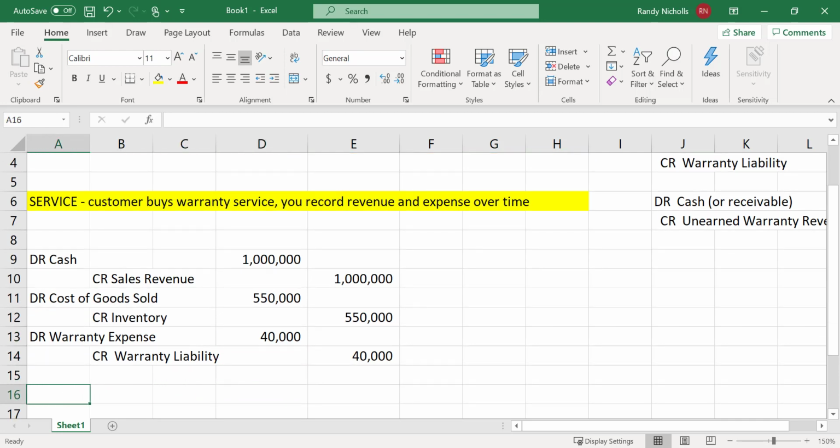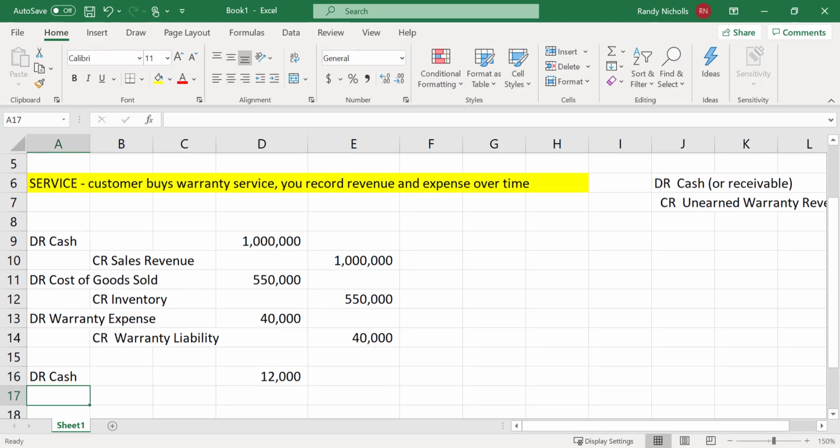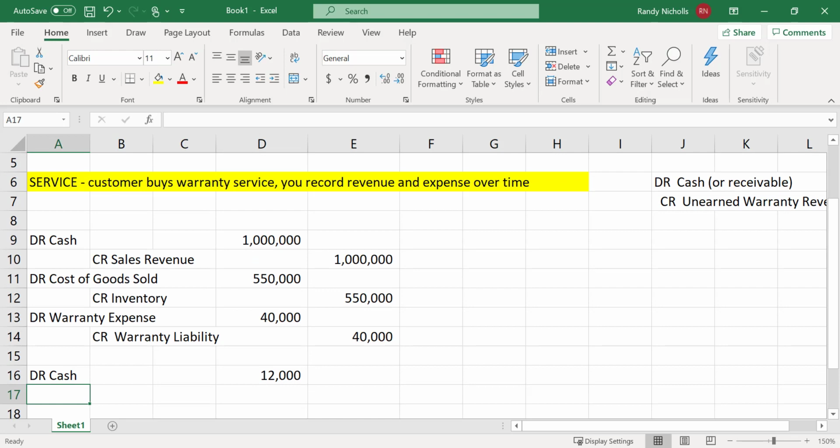And then this question says, I also sold an extended warranty for years 3 and 4, right, 2 years beyond the 2-year period, and the customer paid me $12,000 for it. So this is a little different order than the textbook solution, but the same numbers work out.